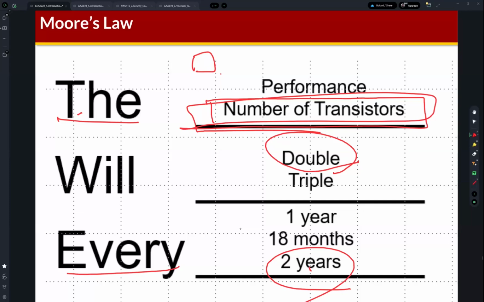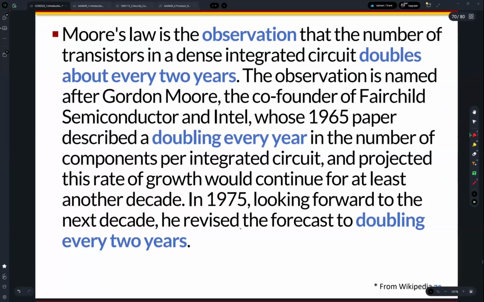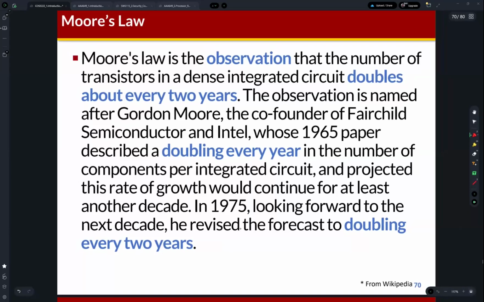So why is Moore's law important? It is not a theoretical law; it is based on empirical data.